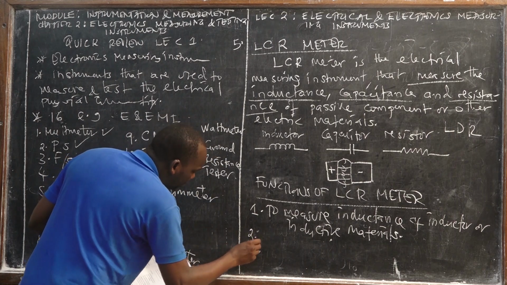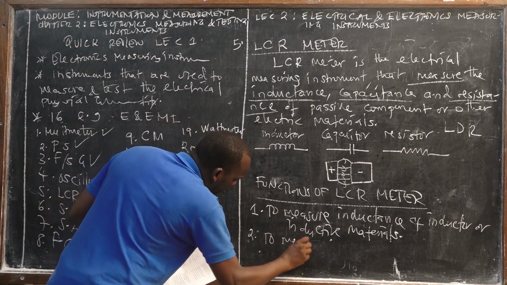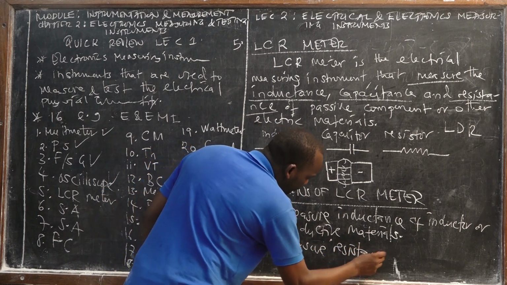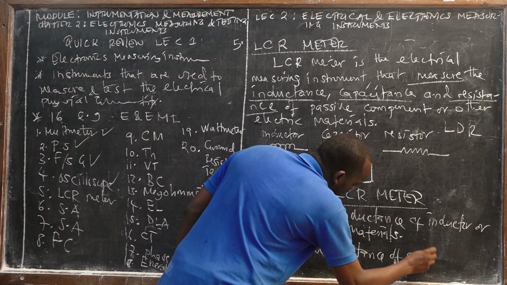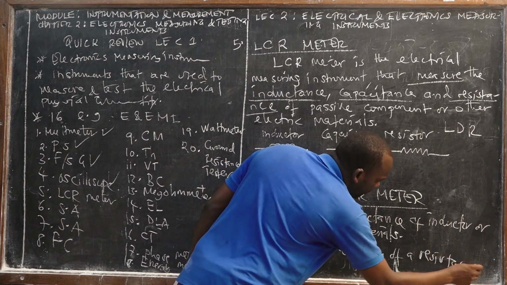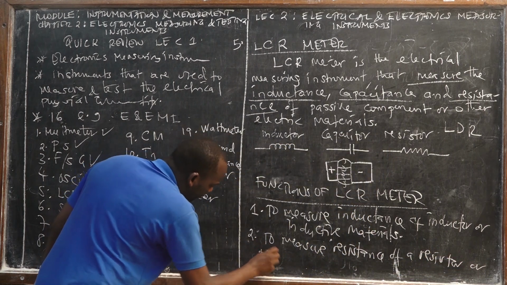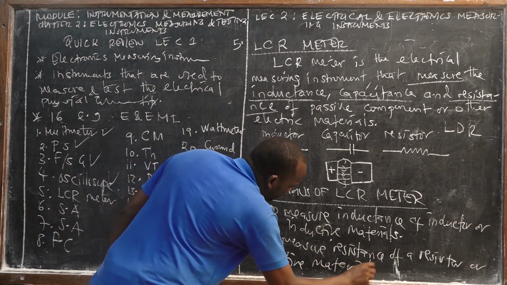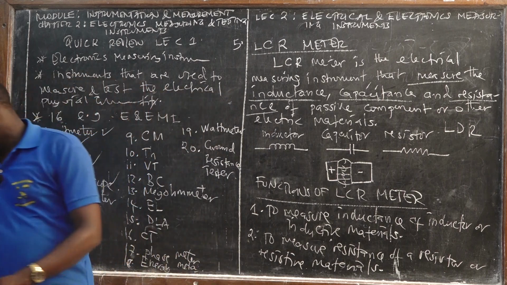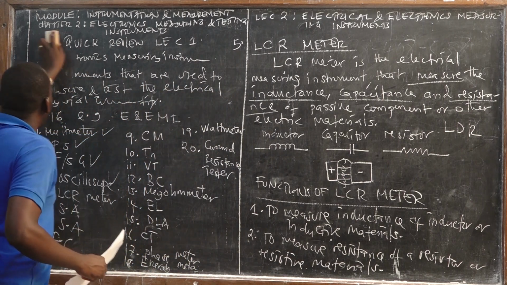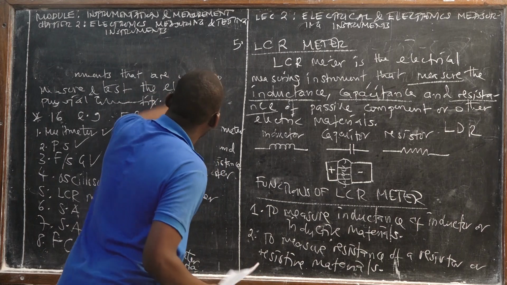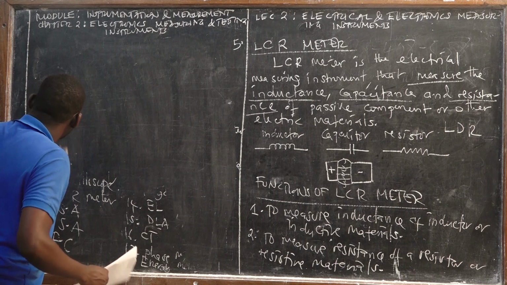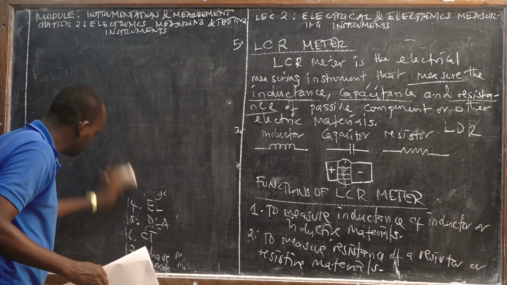Also it's used to measure what? Resistance. Resistance of what? Of a resistor or of a resistive material. That's the second function of the LCR meter. This is an electric instrument. We use it also in electronics, but not as often as in electrical.